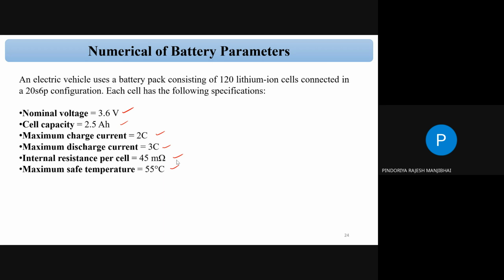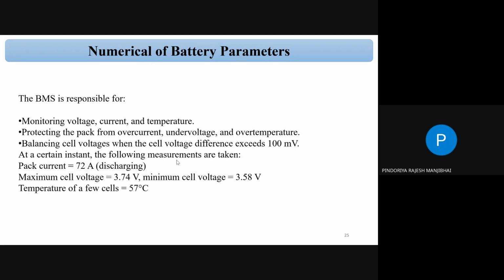The BMS is responsible to monitor the voltage, current and temperature, protecting the battery from overcurrent, undercurrent, and over temperature, and balancing cell voltage when the cell voltage difference exceeds 100 millivolt. At a certain instant, the following measurements are taken: peak current 72 ampere at discharging, maximum cell voltage 3.74 volt, minimum cell voltage 3.58 volt, temperature of the fuse cell 57 degree centigrade.